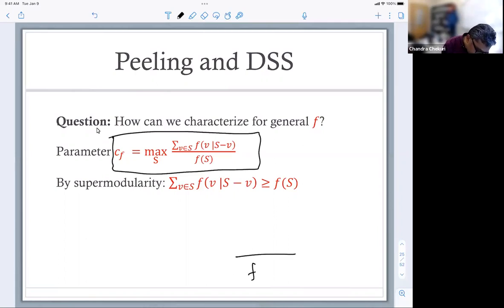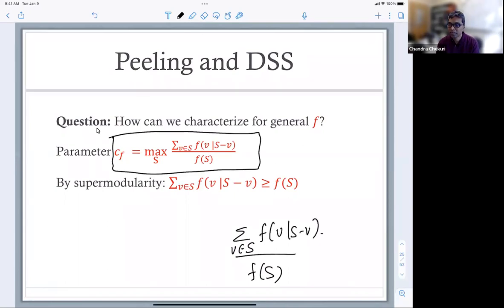how big is the sum of the marginal values of the elements in the set compared to the function value on the set. This is a feature of the function. For any given supermodular function, you can define this bound called CF.